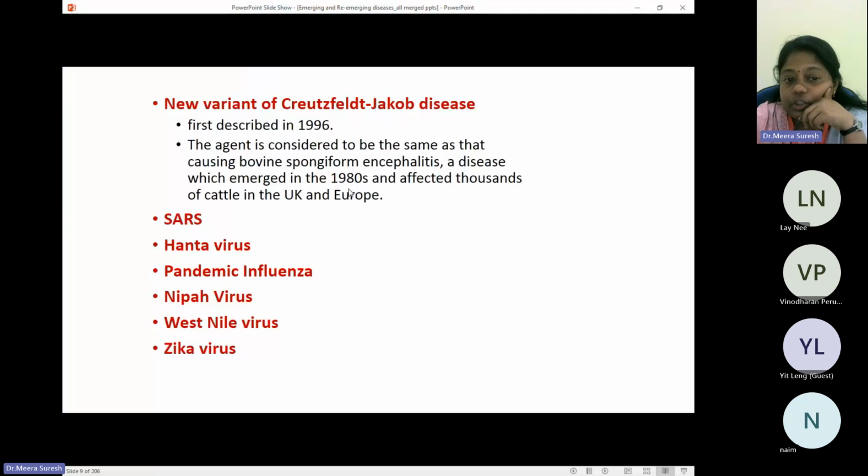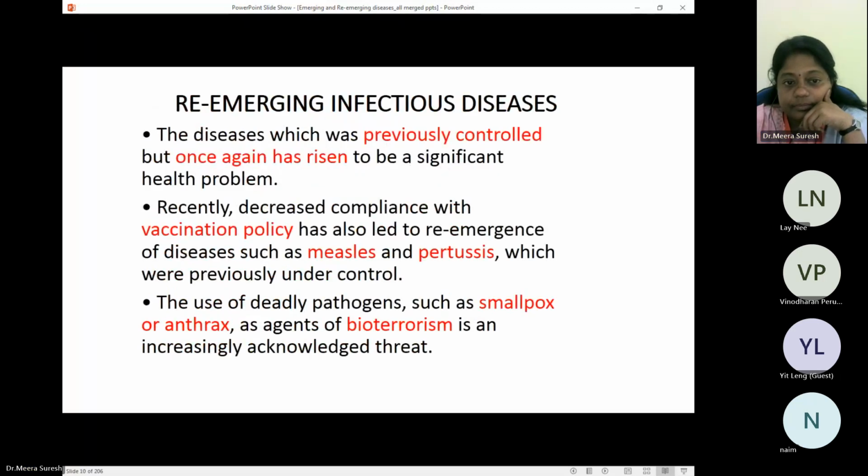This disease emerged in the 1980s and affected thousands of cattle in the UK and Europe. Then other diseases are SARS, hantavirus, pandemic influenza, Nipah, West Nile virus, and Zika virus. And from here we have to learn only SARS, influenza, Nipah virus, and also HIV.